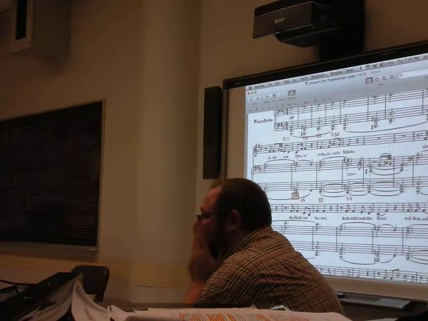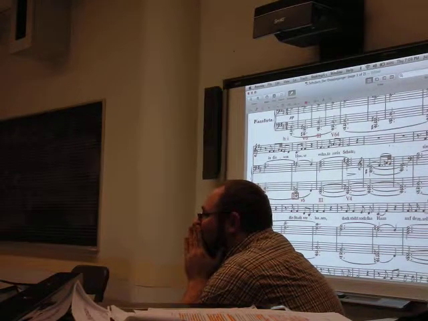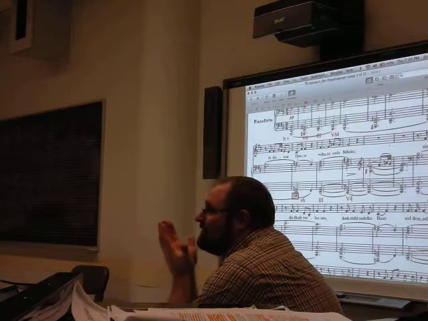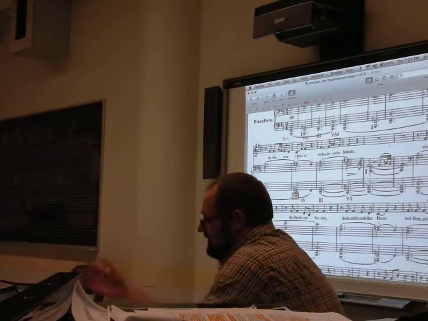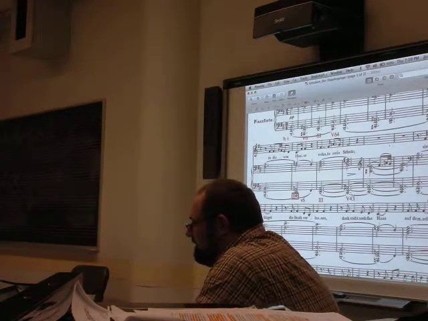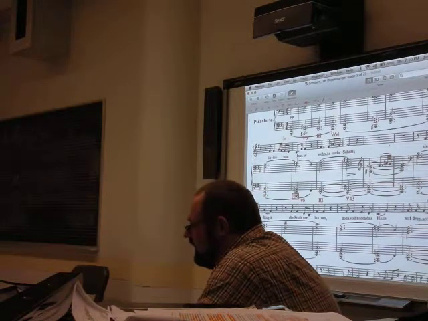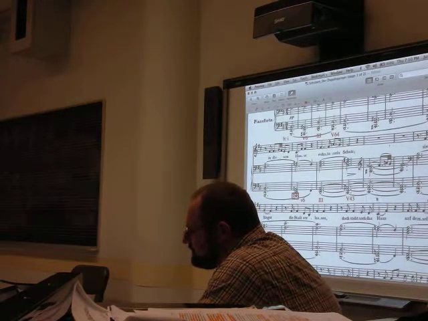What chord tone is in the bass? C sharp. So it's a 5. 4-3. 4-3. Thank you. I remember those. And he pulls this upward.